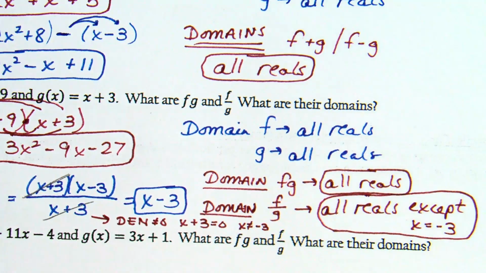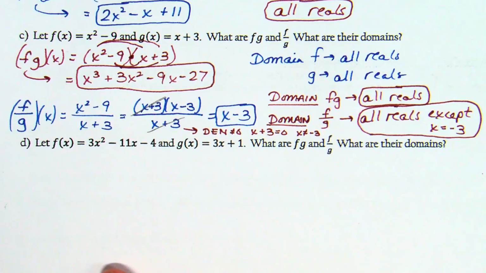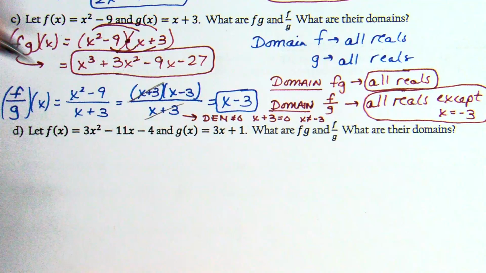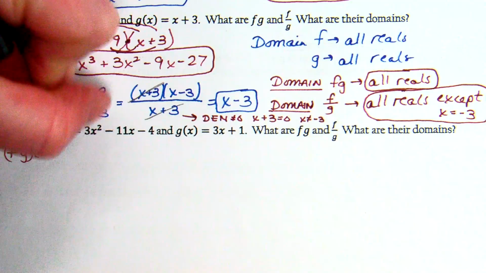Okay. You ready? Last one on this side, that is. Okay, what are you doing first? They're giving us f and g. We need to find fg, f over g, and domains. So what's first? F times g. Can you write out f times g?